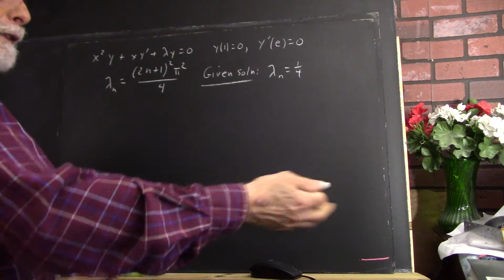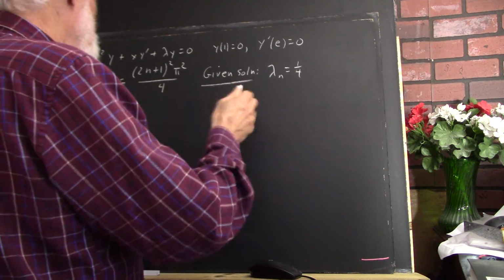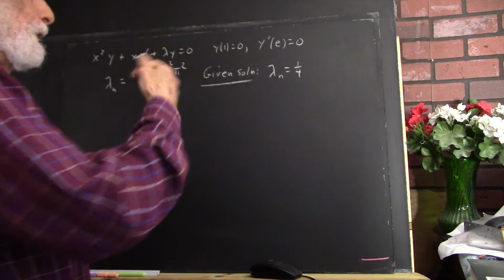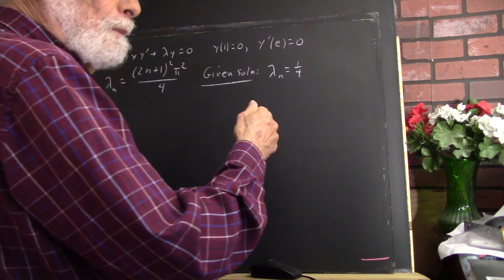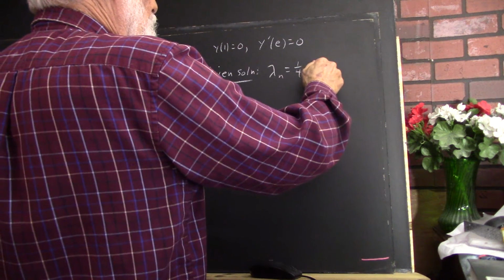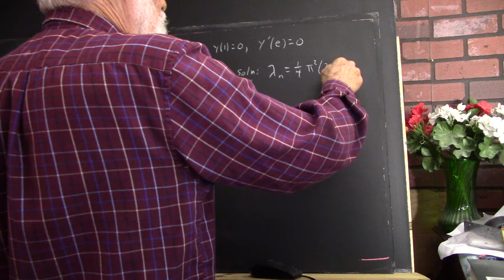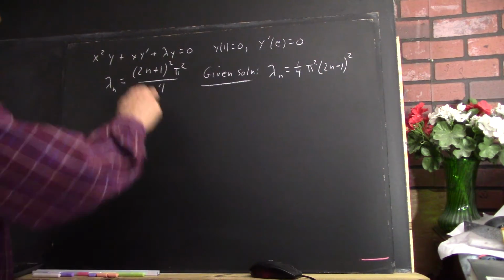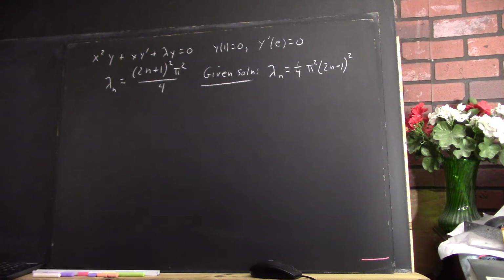That shouldn't make a difference. I don't think WebAssign would distinguish between this and this. It would give credit for either. And the pi squared out in front, that's not a problem. It's just that WebAssign uses (2n minus 1) squared instead of (2n plus 1) squared.